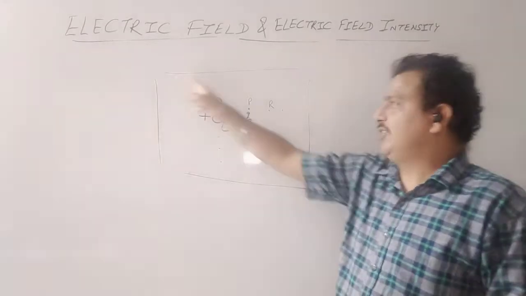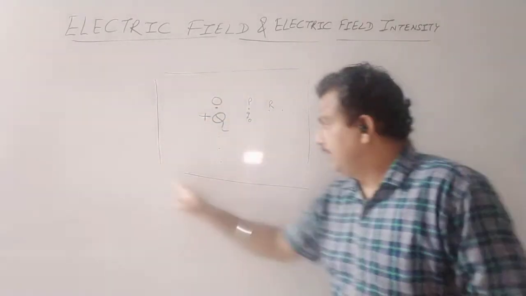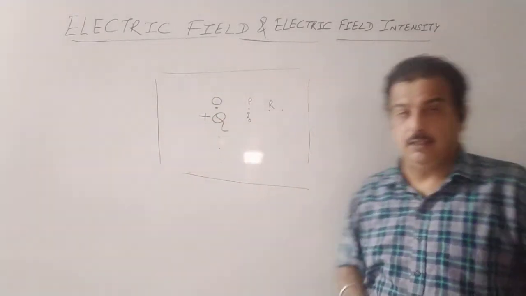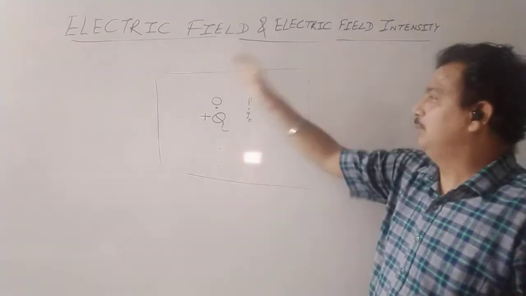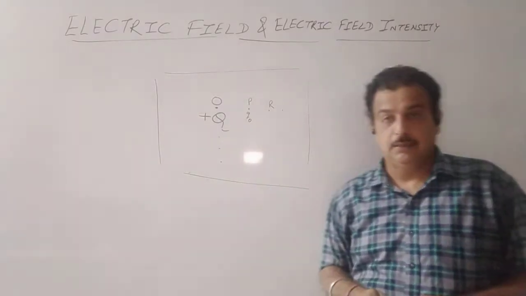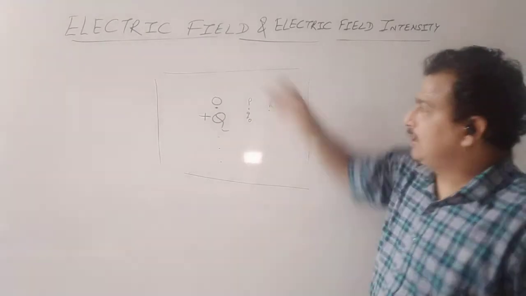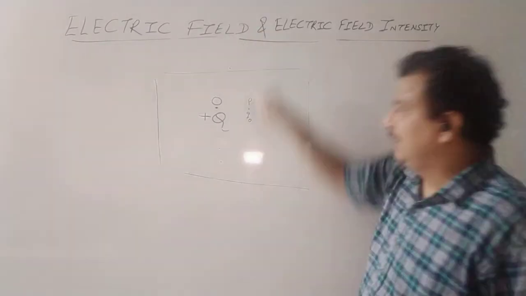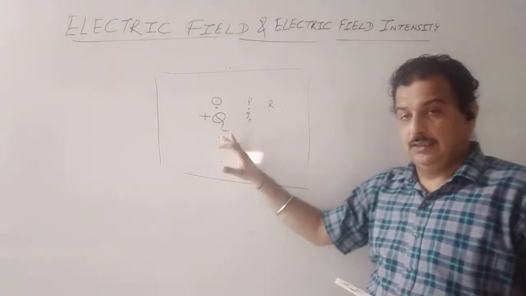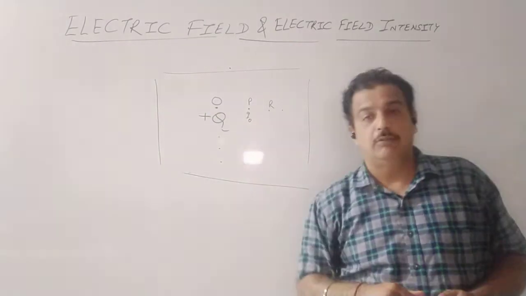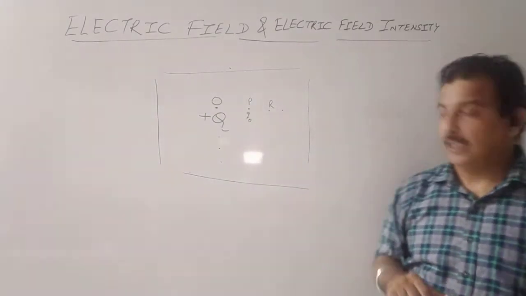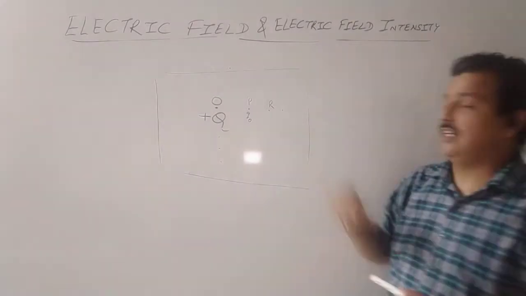Now this range I have drawn is, say, a rectangle. For the time being we assume that, because I have drawn it like that. Beyond this line, we will not observe a force of interaction. It means this is its range, its limit.